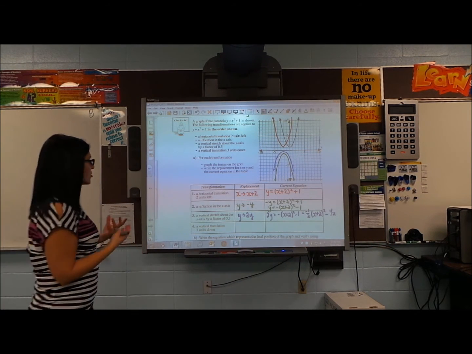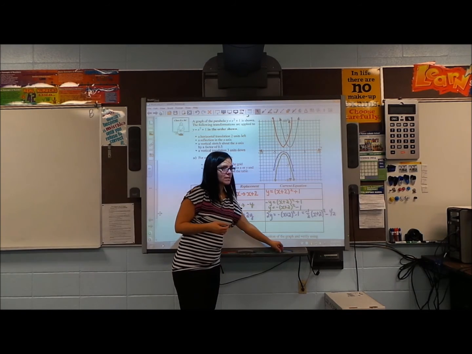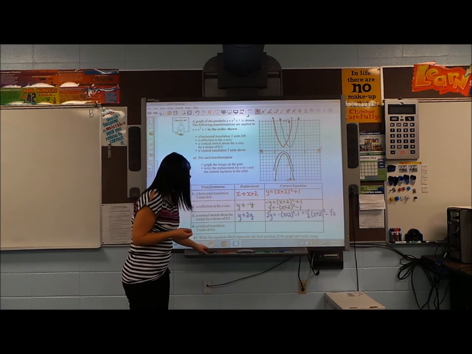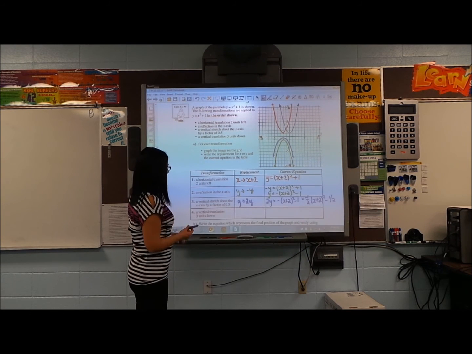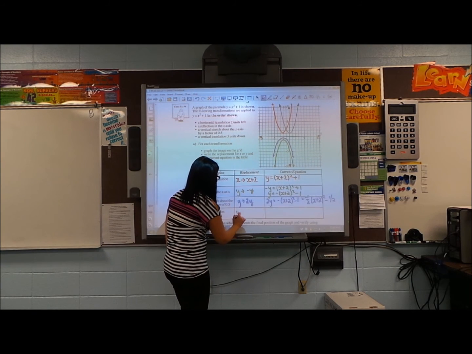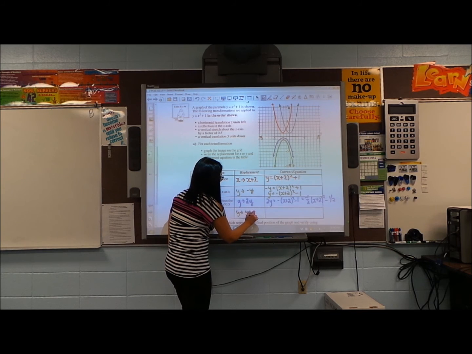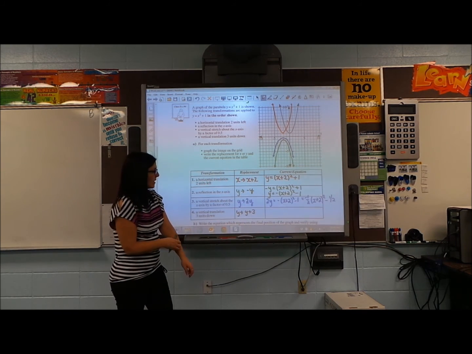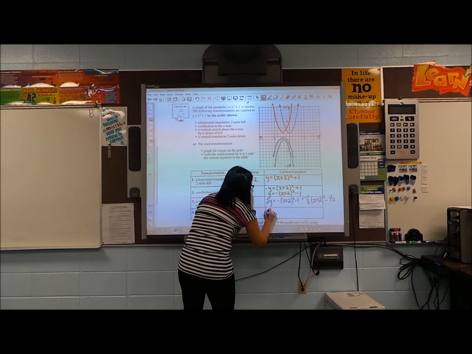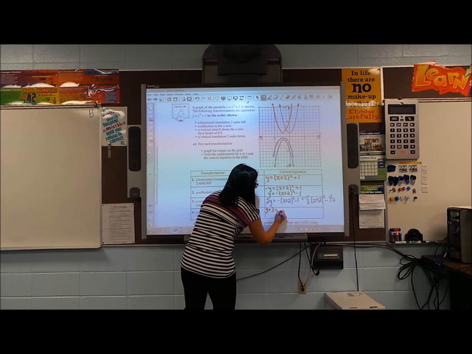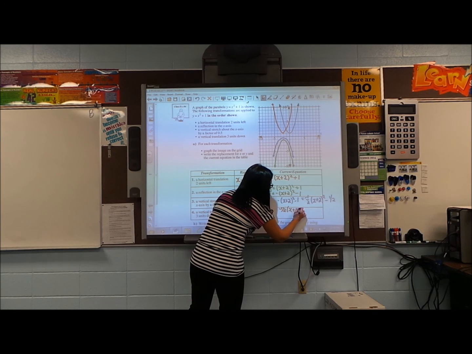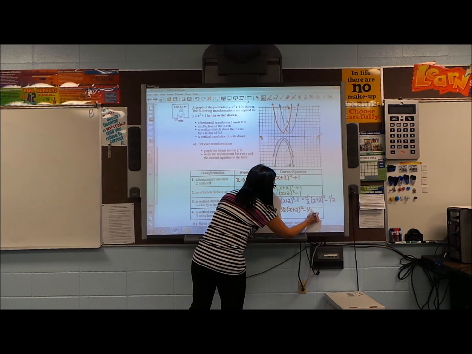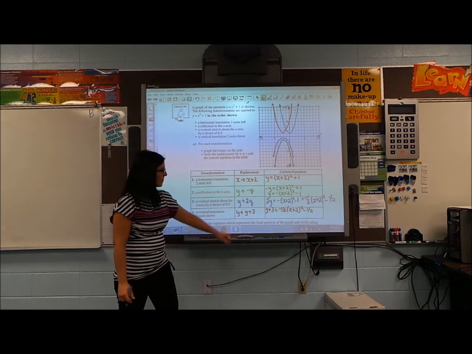And then my last transformation is a vertical translation of 3 units down. So vertical translation of 3 units down means I replace y with y plus 3. So if I replace y with y plus 3, I have y plus 3 equals negative 1/2 (x plus 2) squared minus 1.